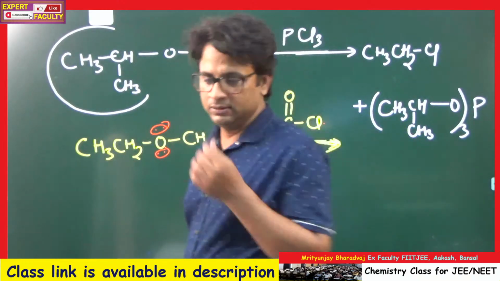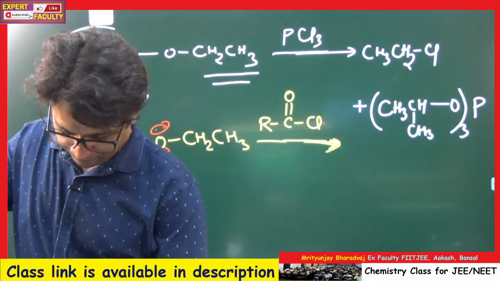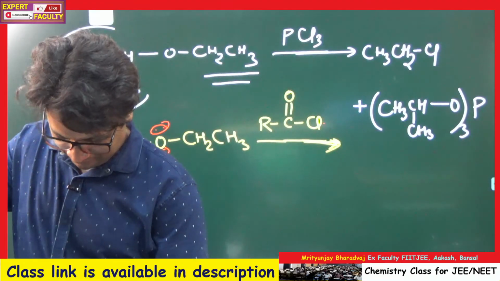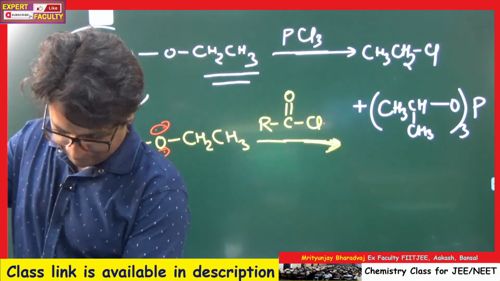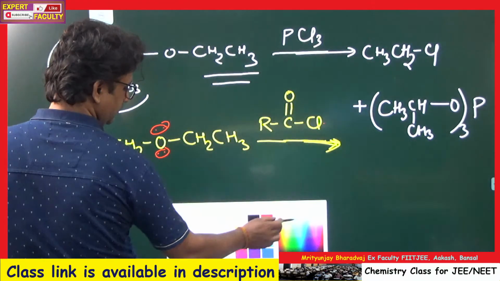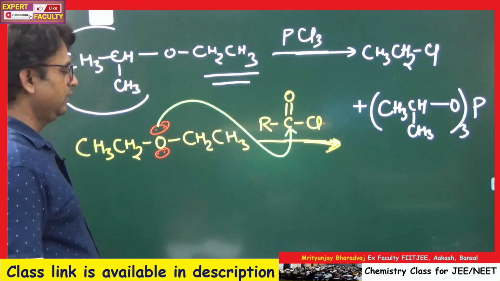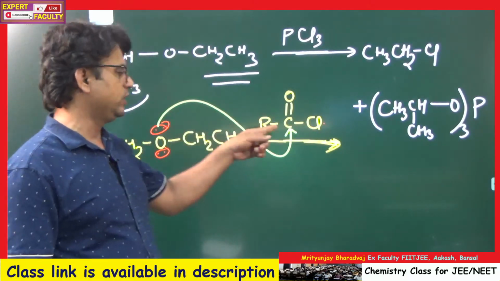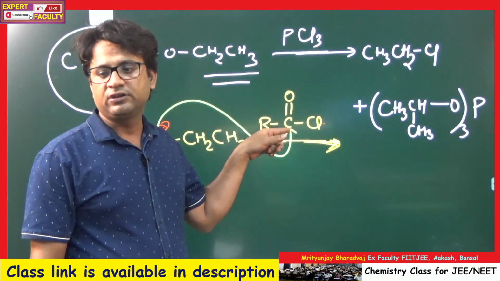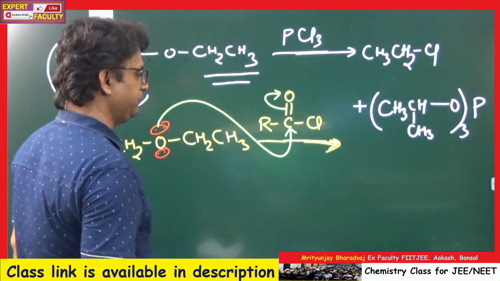Ether will behave as a nucleophile, so the lone pair will be donated to the carbon. This carbon already has 4 bonds, so the pi bond will shift to the oxygen.